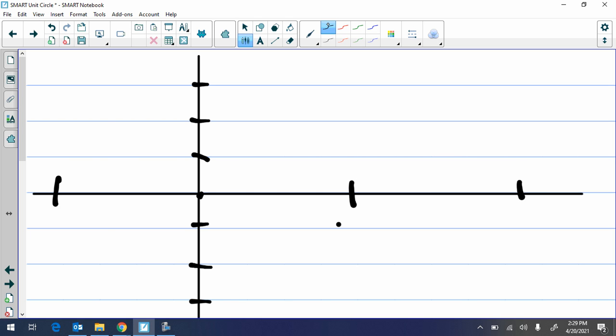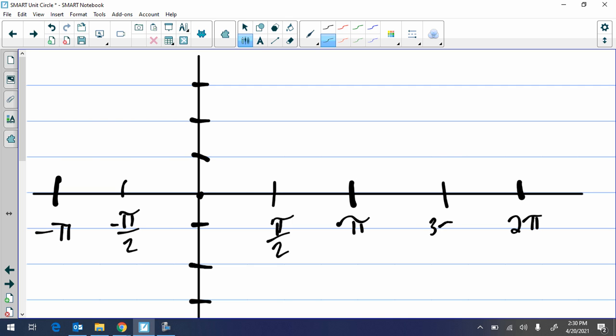So I'm not going quite as far as I did before. So this is pi, this is 2 pi, this is -pi, that's pi over 2, negative, positive pi over 2, 3 pi over 2, and then 2 pi. And I'm just going to put marks for my pi over 4s.